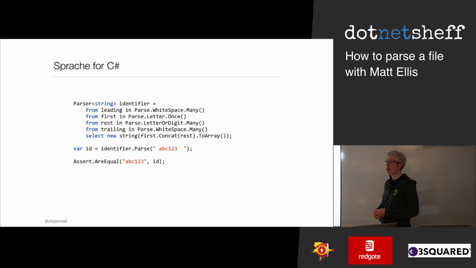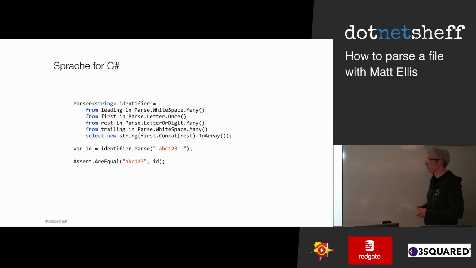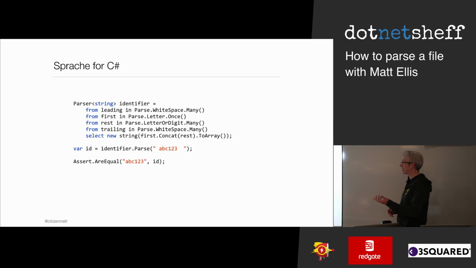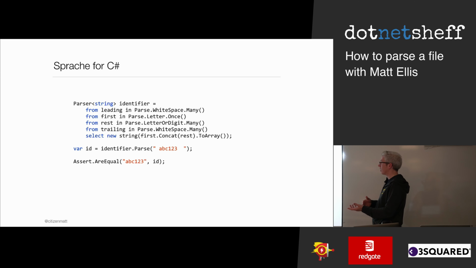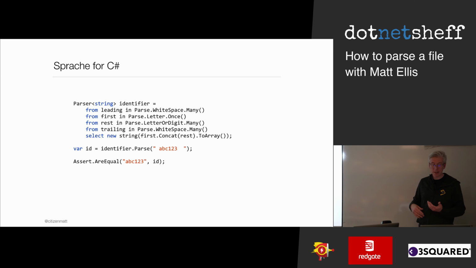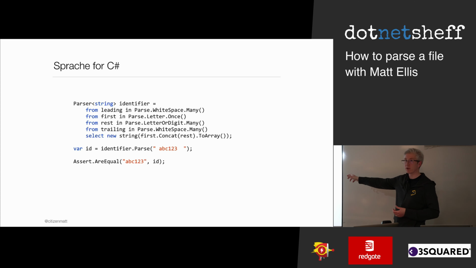You can do it in C# as well. There's a tool called Sprache, which puts it into LINQ. I'm not sure I like this syntax, I have to confess. But you can still easily see what's going on there. You can read many whitespace characters, followed by a letter, followed by many letters or digits, followed by whitespace, and then put that into a string, and you can then call this parser to do all that for us.